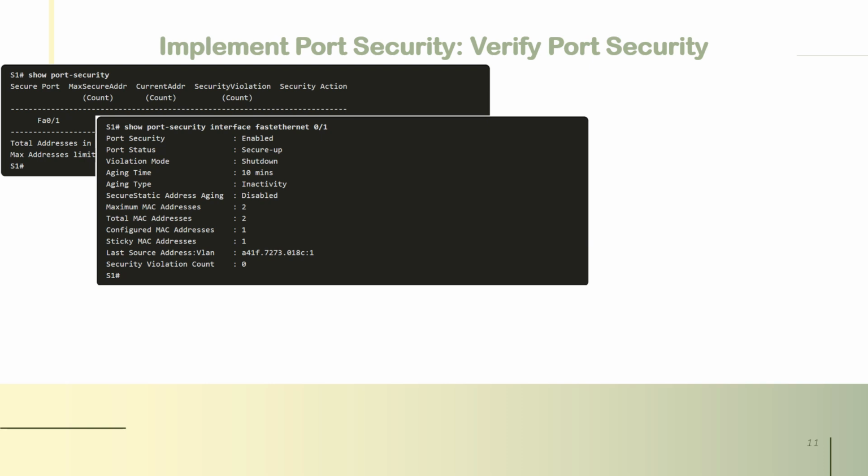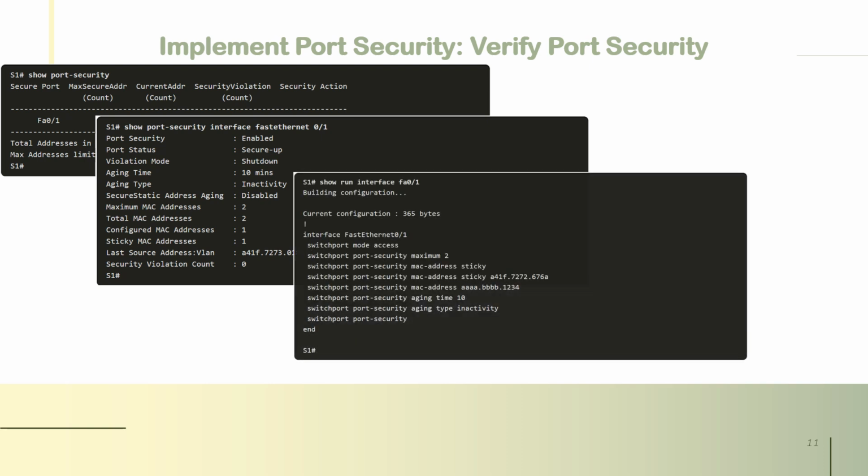To verify learned MAC addresses, if they are sticking to the configuration, we use the show run command as it's shown here in this example. And as you can see, for FastEthernet 0/1, we have all kinds of security configuration set for that interface.